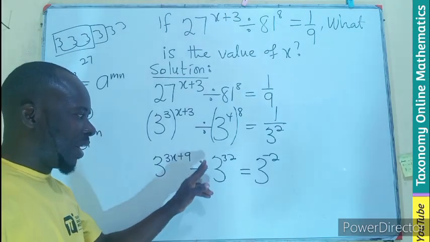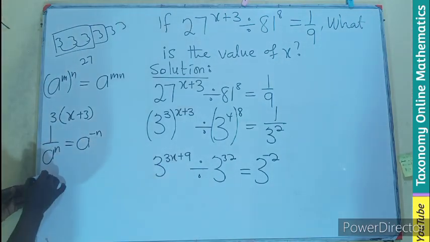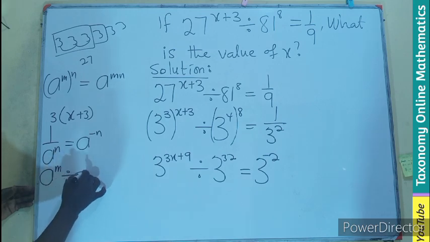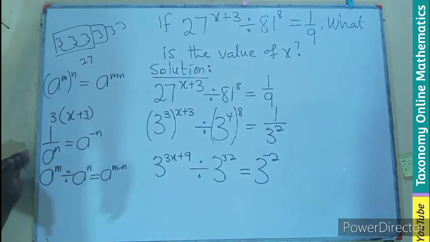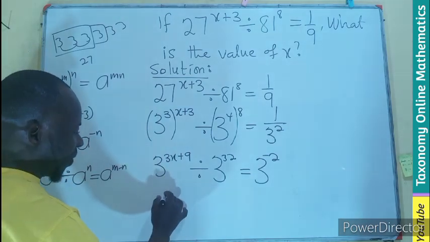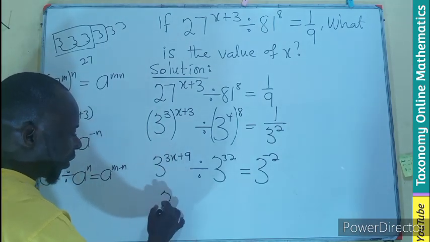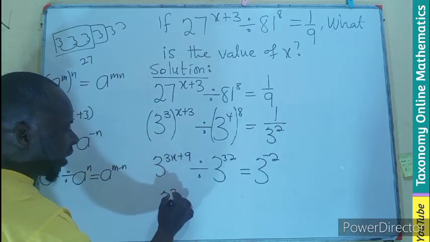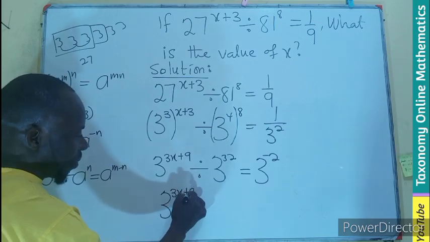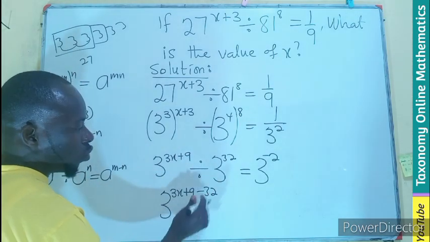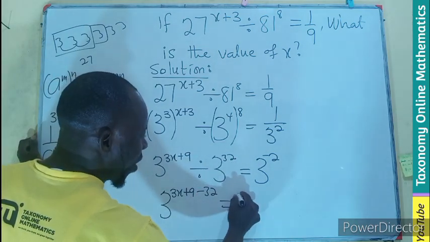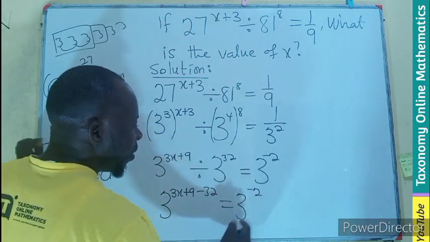Base 3 being divided. So if I have a exponent m divided by a exponent n, it should be the subtraction of the powers. So 3 exponent of 3x plus 9 minus 32 equals 3 exponent minus 2.